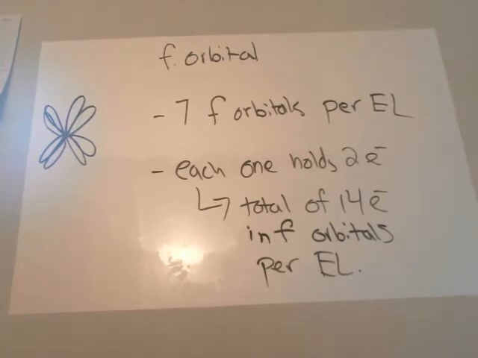So, let's talk about placing electrons in orbitals. We have 2 methods to show that. The first one is what we call electron configuration.